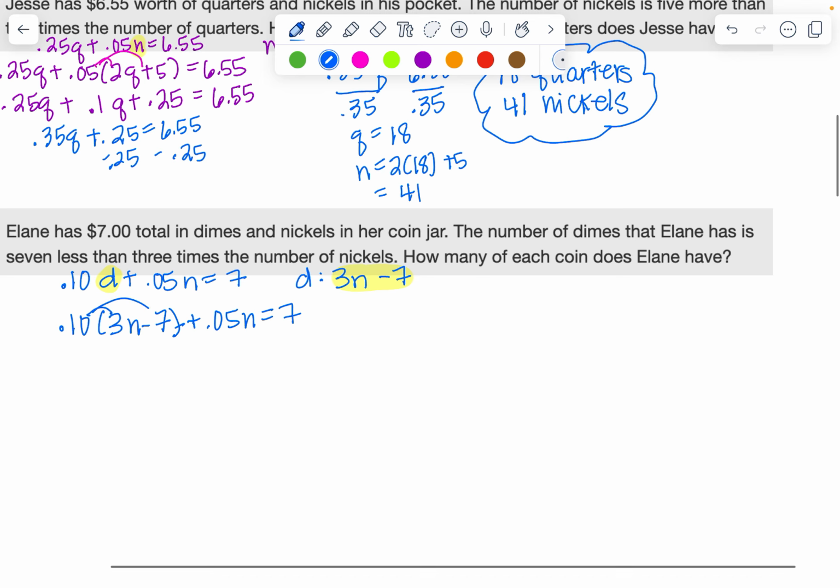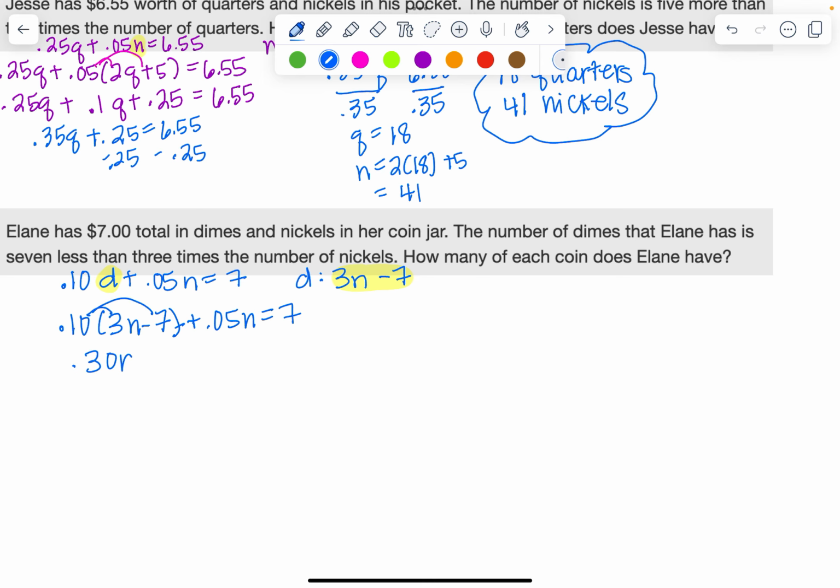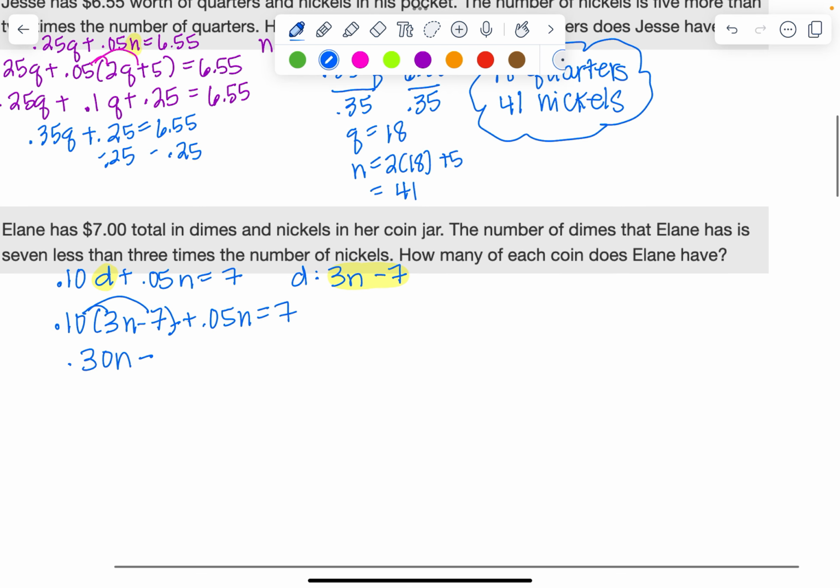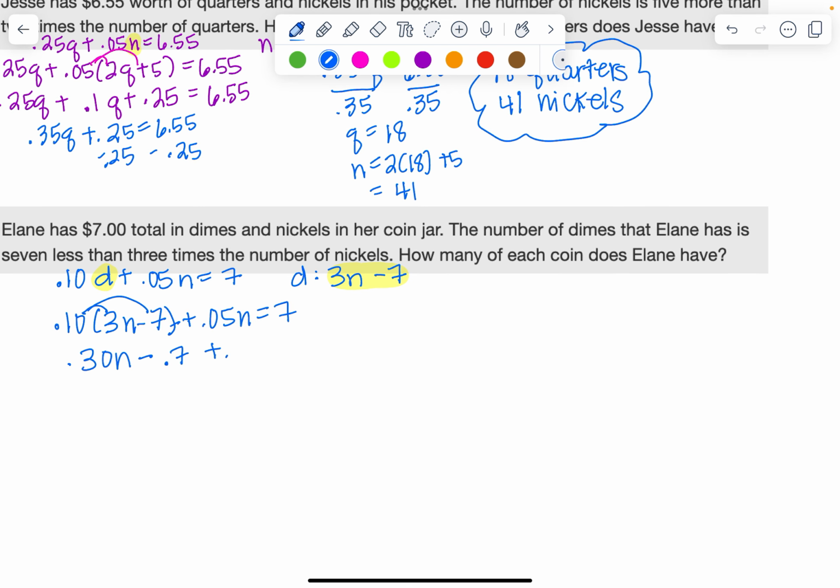And then we distribute this through. 0.30N minus 0.7 plus 0.05N equals 7. Combining my like terms here, 0.30N and 0.05N, we get 0.35N minus 0.7 equals 7.